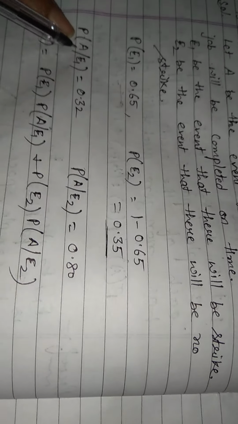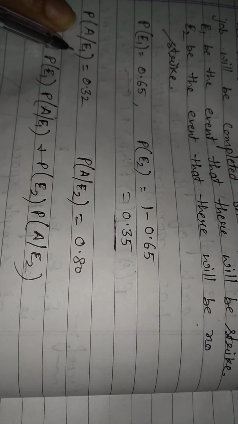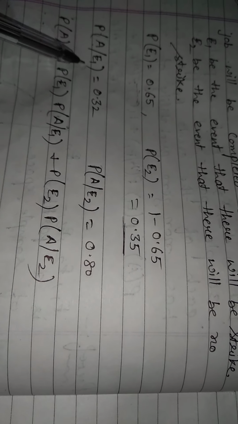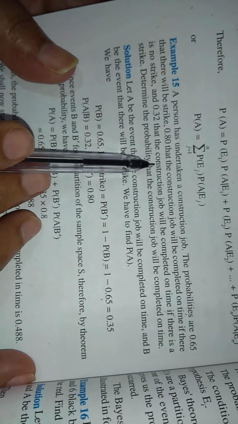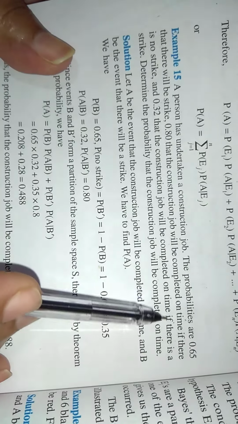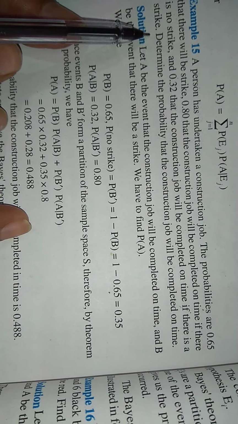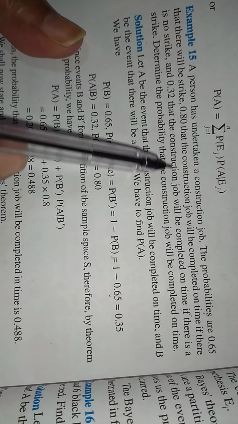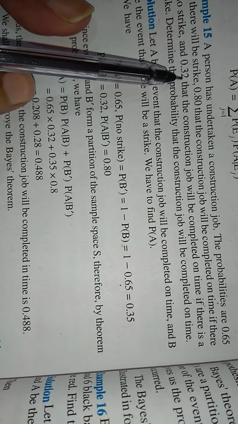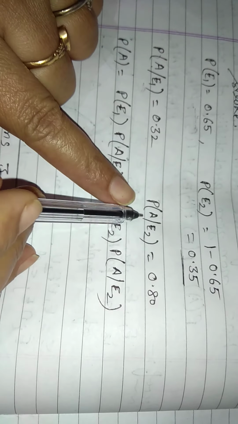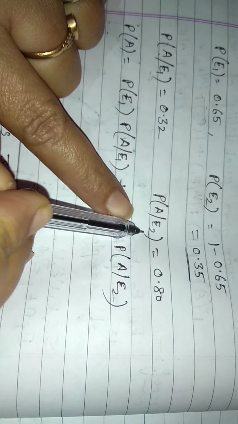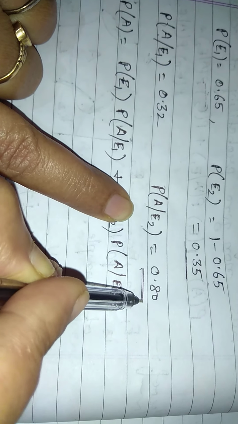So P(A|E1), construction job on time when a strike is there, is 0.32. That is, if a strike has happened, the probability of the job being on time is 0.32. And the construction job will be on time when there is no strike, that is 0.80.